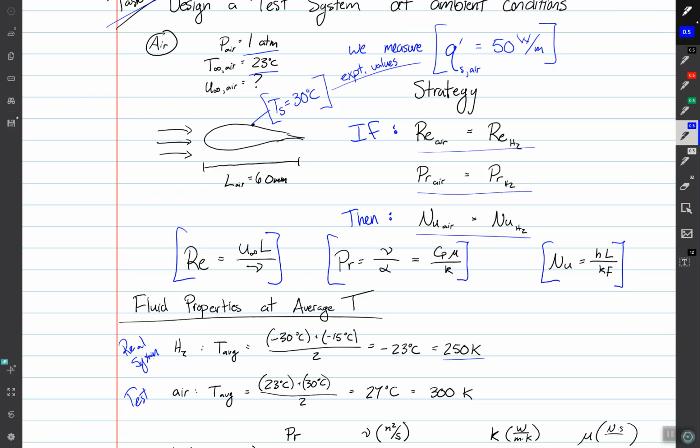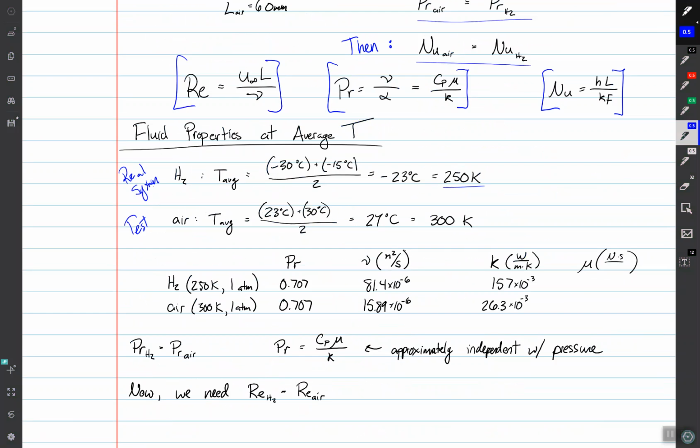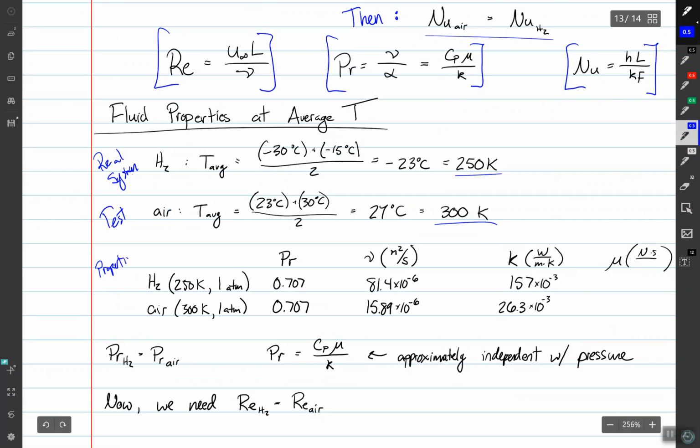We're going to look at the properties of hydrogen at 250 Kelvin, and the properties of air at 300 Kelvin. Just so happens, if we look in the back of our book, we can find properties for hydrogen at 1 atmosphere and air at 1 atmosphere.